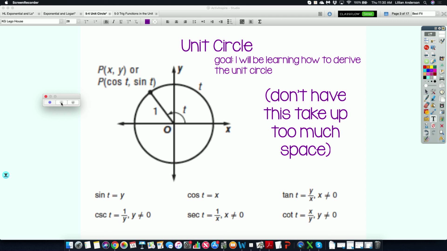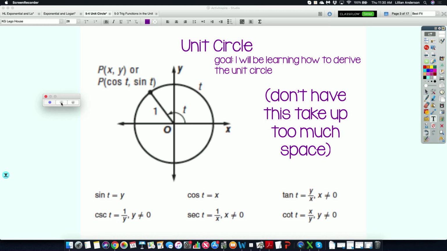So, when you are dealing with the unit circle, as you can see, it is a circle inside the coordinate plane. It has a radius of 1.